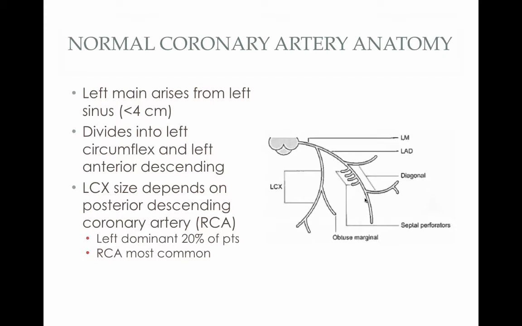And the size of the circumflex depends on the dominance, which is whether we have a posterior descending coronary artery. And usually the RCA is the most dominant, right? You could have left dominance, which would be 20% of patients, but RCA is the most common.